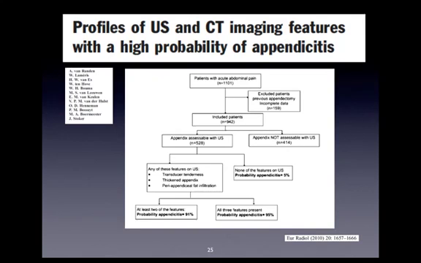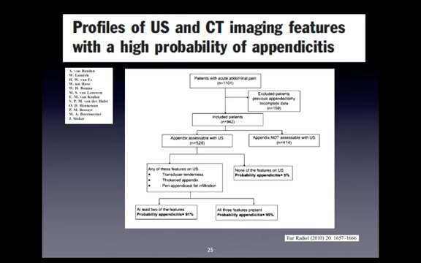Ultrasound as an imaging modality for the diagnosis of appendicitis has been a hot topic within the literature. What was found in this study by Van Randen and colleagues is that the more features you have of appendicitis, the more likely you were as the sonographer to pick up appendicitis in your patient.